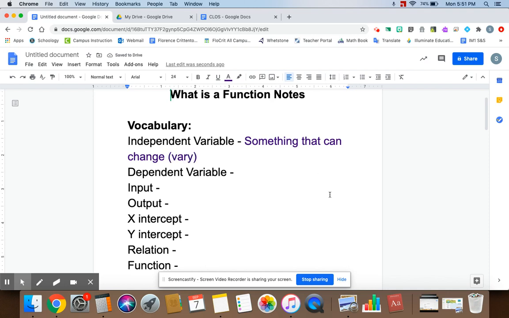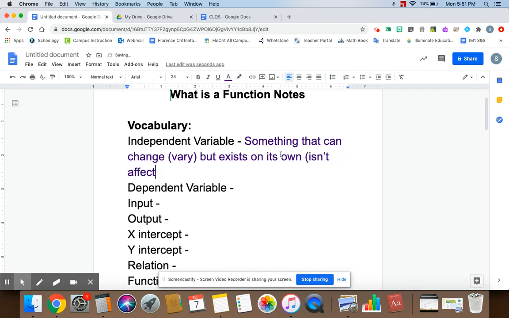So variables are things that can change. And if it's independent, something that is independent means that it exists on its own. So something that can change, but exists on its own. Another way to think about that is isn't affected by anything else.